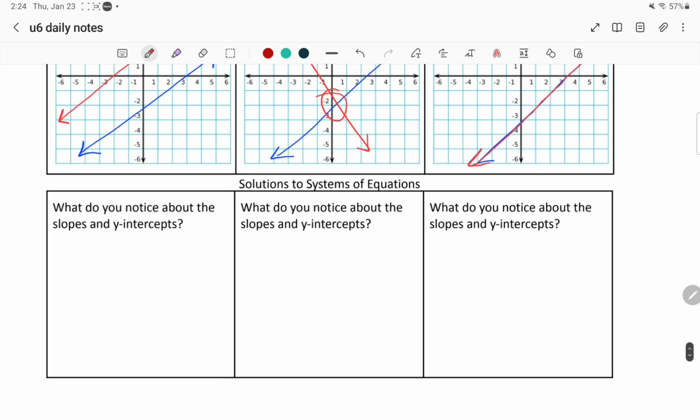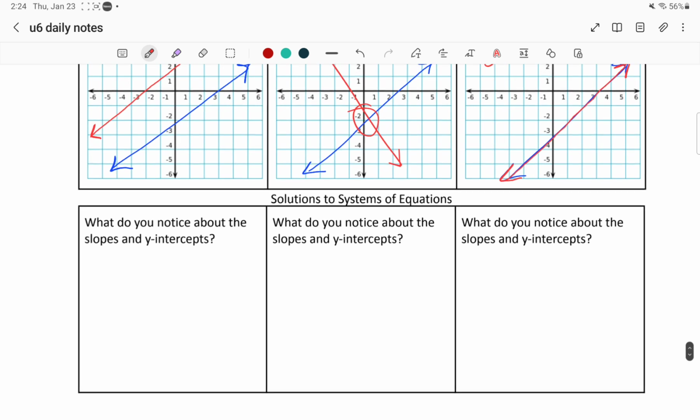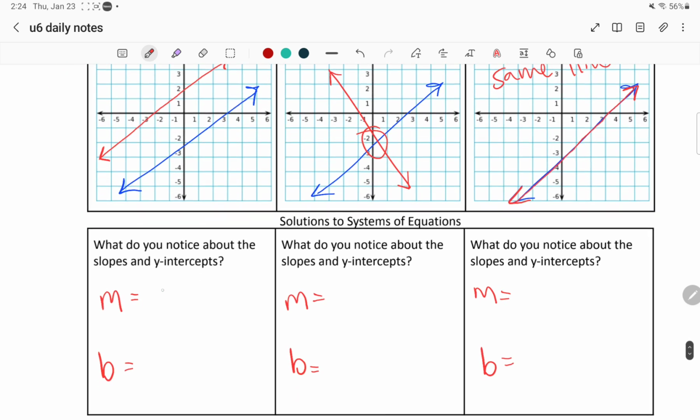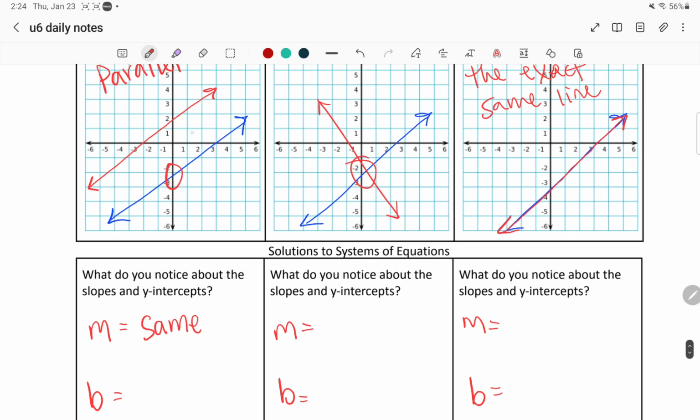Now, what do you notice about the slopes and the y-intercepts in each spot? I'm going to put m and b each time for slope and y-intercept. When my lines are parallel, my slopes are the same, but my y-intercepts, where they cross the y-axis, are different.